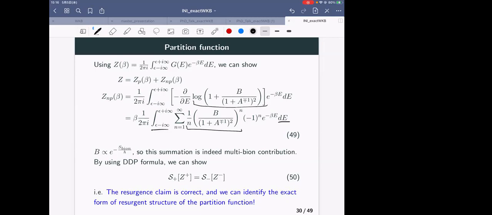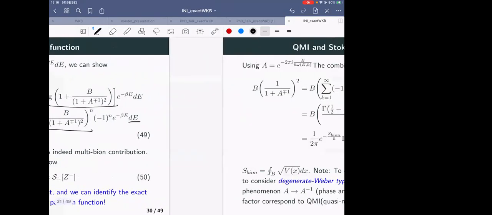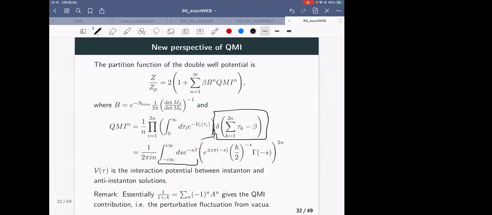Suppose we start from the path integral. There are a number of saddle points, and apart from this trivial vacuum, we presumably have an infinite number of saddle points. My question is whether the sum over contributions of non-perturbative saddles is convergent.